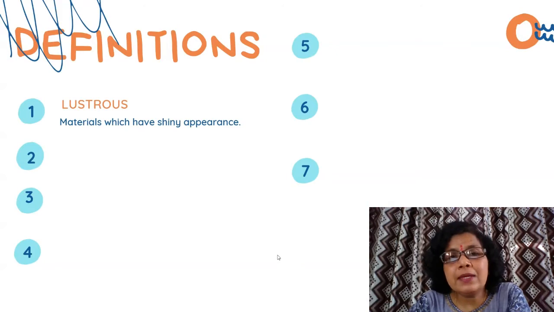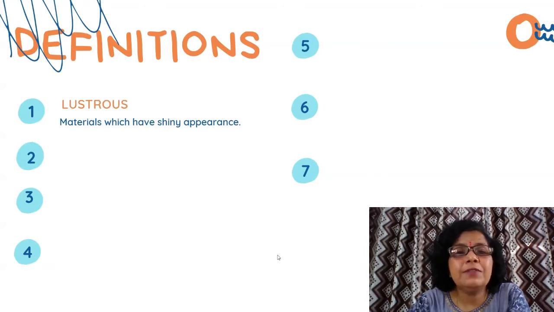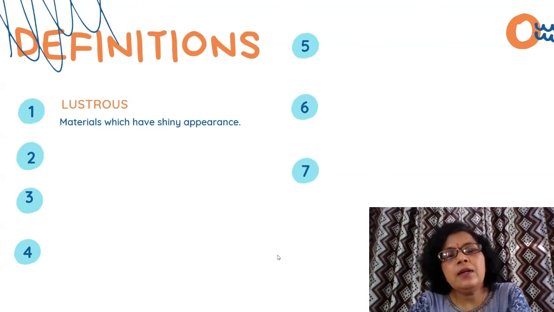Because this metal, when it gets exposed to an environment which has many gases like oxygen, carbon dioxide, hydrogen, nitrogen, even water vapors, reacts with them and forms a layer on the surface of that particular object.